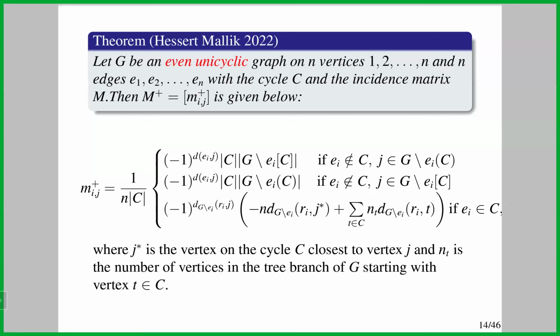I don't want to explain what it is, but I just wanted to show you this to emphasize that things can get really messy really quickly. And it's not easy to come up with the combinatorial expression, even for this easy case, a unicyclic graph.